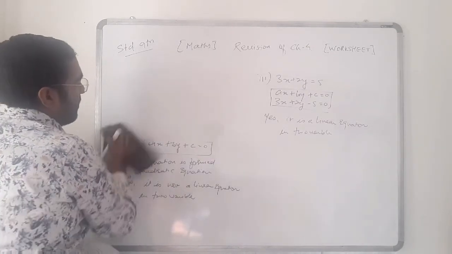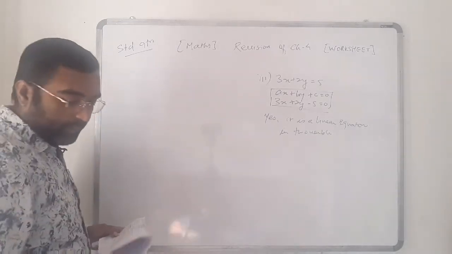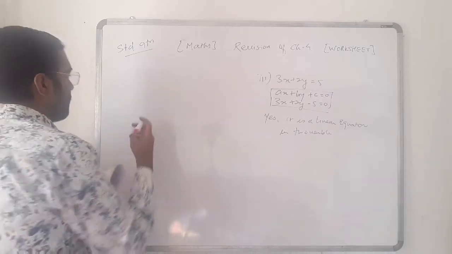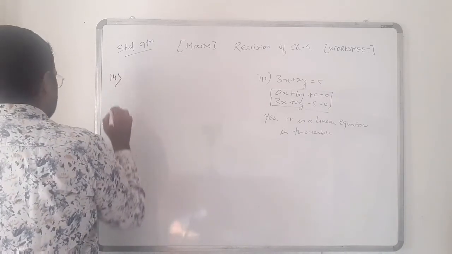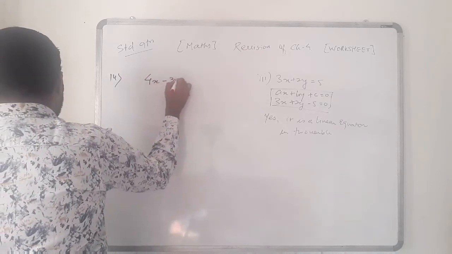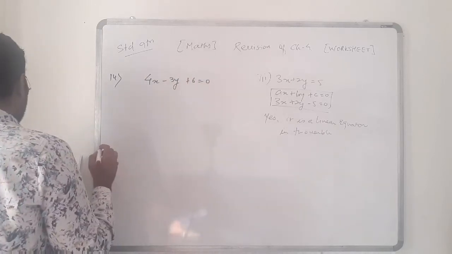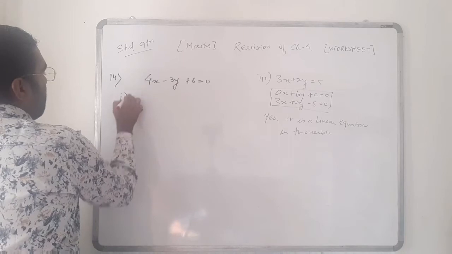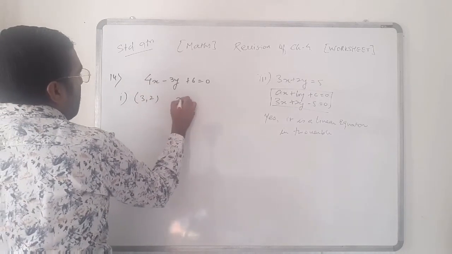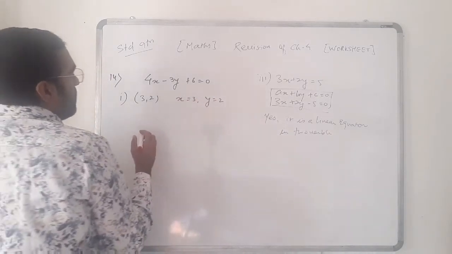Now we are moving on to question number 14, that is 4x minus 3y plus 6 is equal to 0. So first, that is 3, 2. So we should take the value of x equal to 3 and value of y equal to 2 in this one.